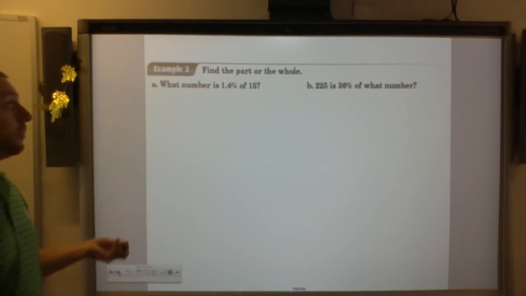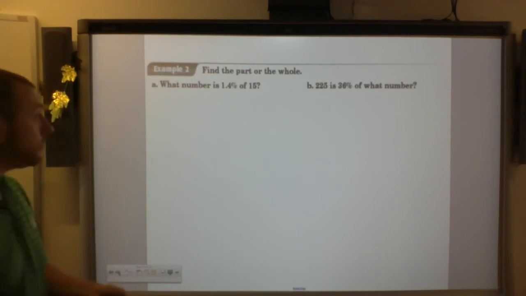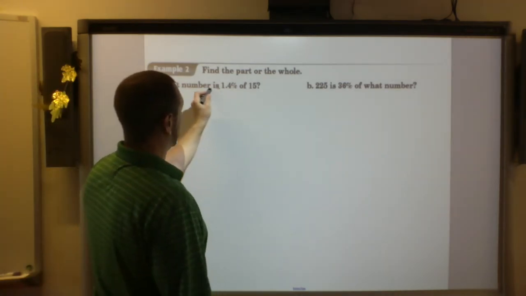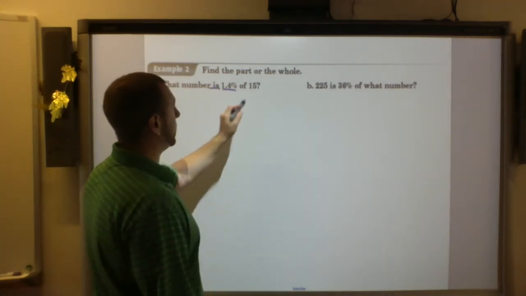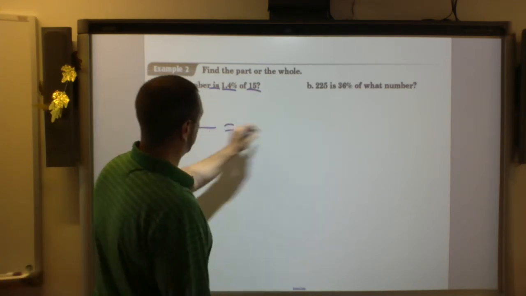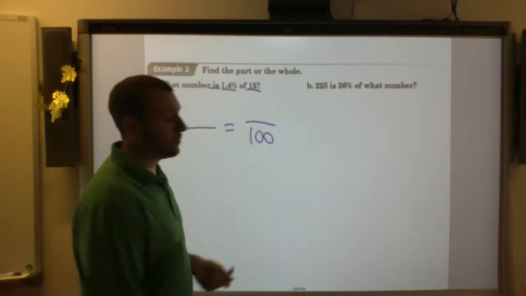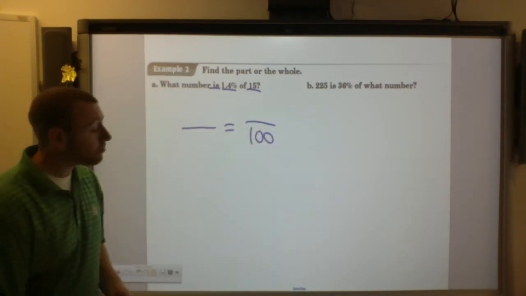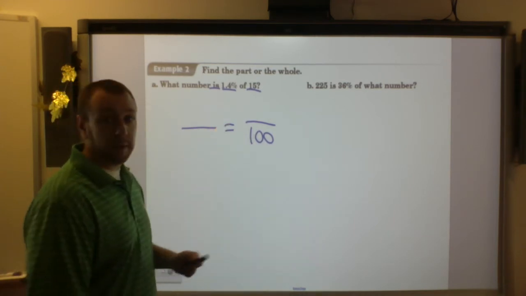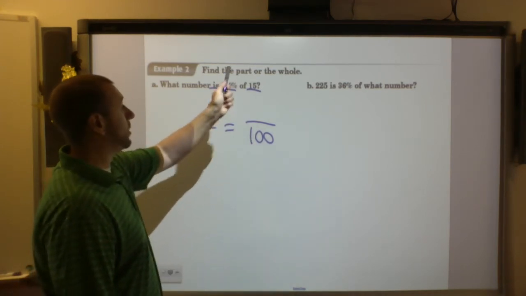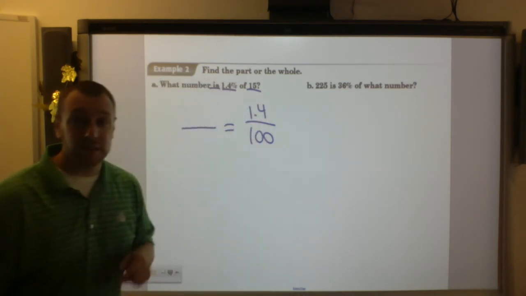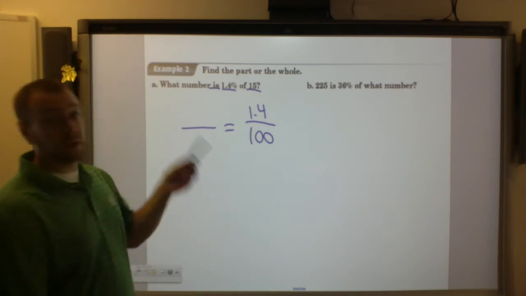So find the part or the whole. Well, what number is 1.4% of 15? So what we do is we set up the proportion. So 100 is always here. Percentage goes above 100. 1.4 is a percent. Now we have to discover, is 15 the part or the whole?